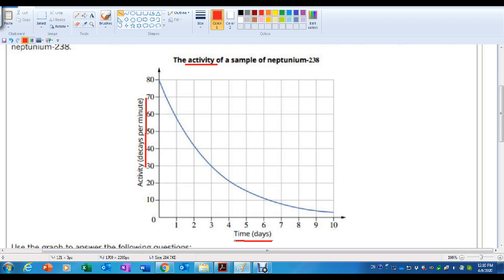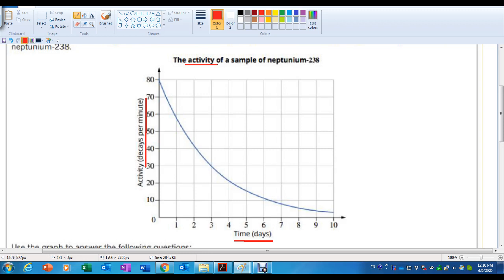That's okay, because on the x-axis it's about what time scale should be used. Since the half-life is in the scale of days, the horizontal axis uses units of days. As we can see, the activity will drop over time.